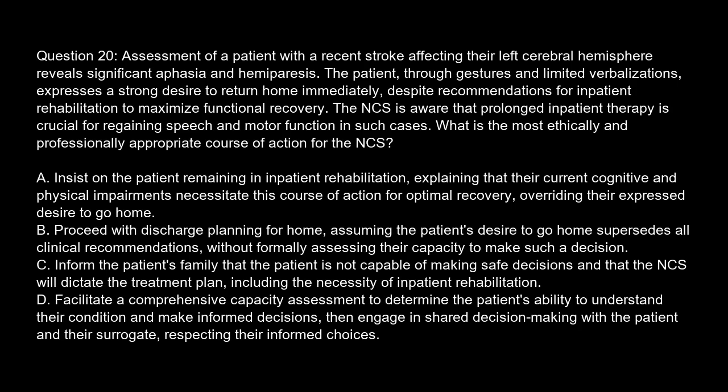Option C. Inform the patient's family that the patient is not capable of making safe decisions, and that the NCS will dictate the treatment plan, including the necessity of inpatient rehabilitation. Option D. Facilitate a comprehensive capacity assessment to determine the patient's ability to understand their condition and make informed decisions. Then engage in shared decision-making with the patient and their surrogate, respecting their informed choices.